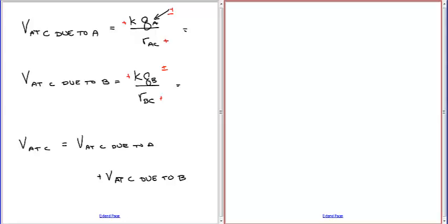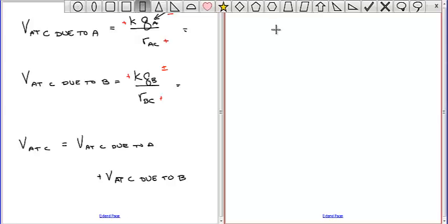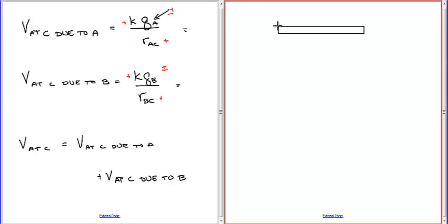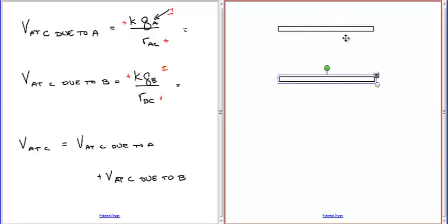Now, we looked at capacitors, just in general capacitors. The capacitors are two parallel plates separated by a distance d.